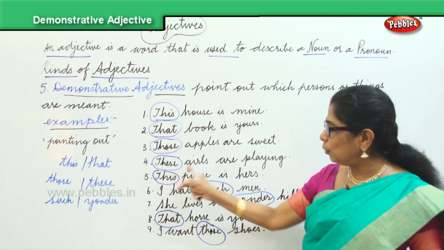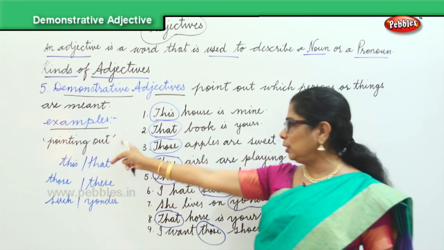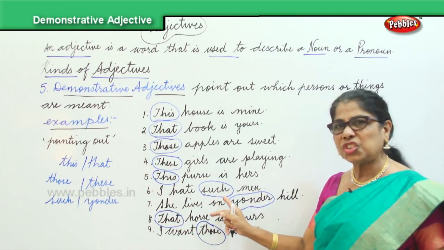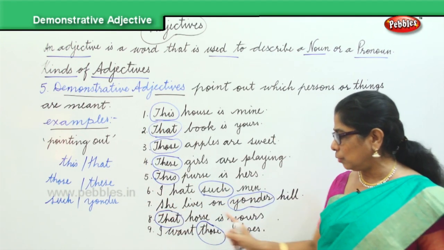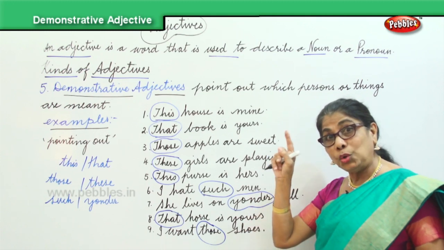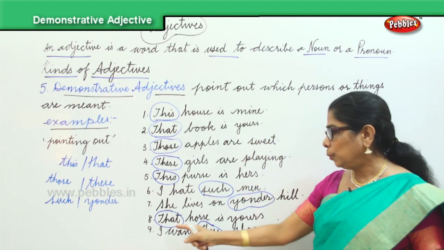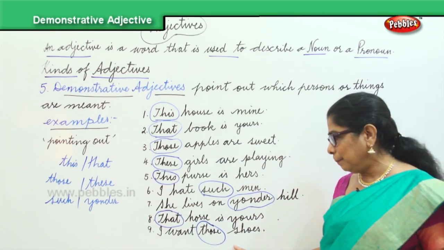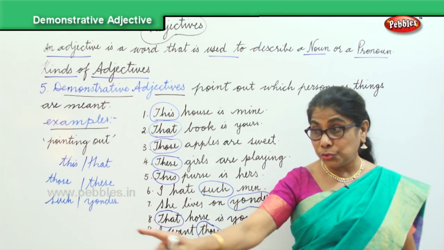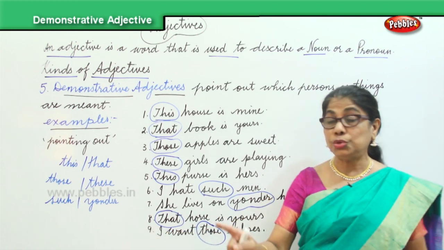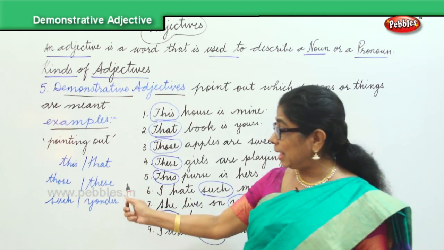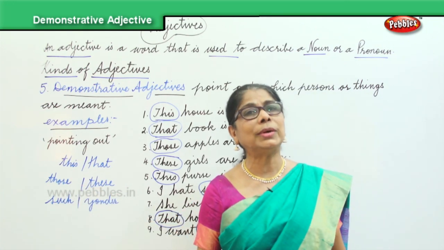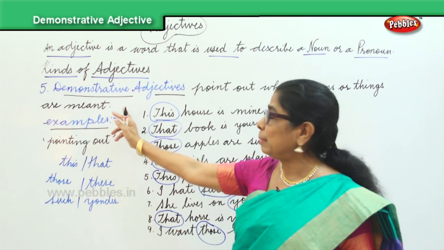We are pointing out those apples, these girls, this purse, such men, that yonder hill, that horse, and those shoes. I want those shoes. The words this, that, those, these, such, yonder, all these words tell us they are demonstrative adjectives.